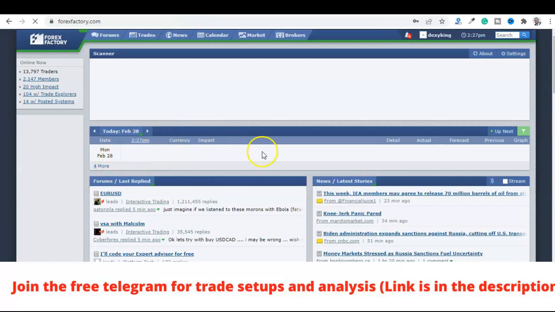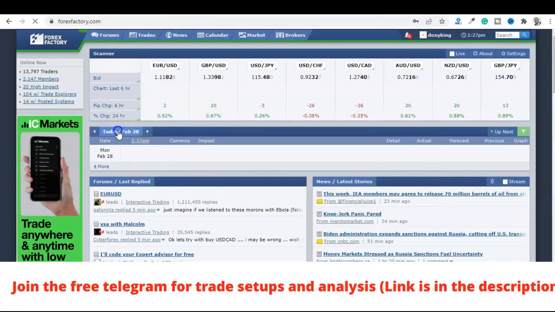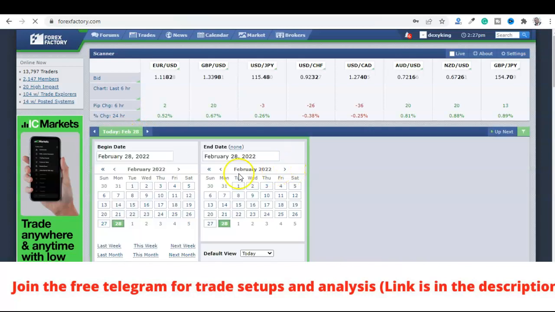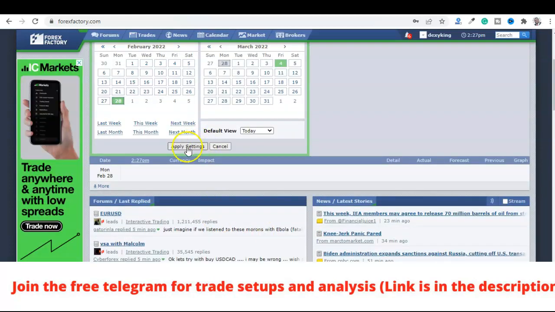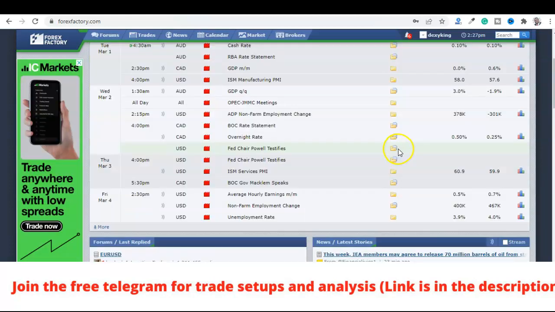I do not make any trading execution based on fundamentals. I am a pure technical analyst, but however, you should be aware of the weekly activity.